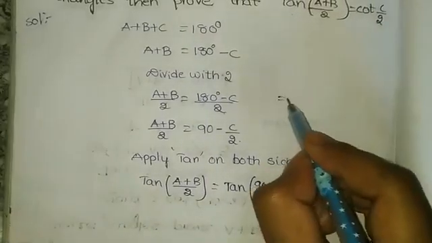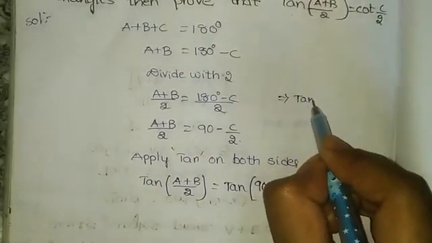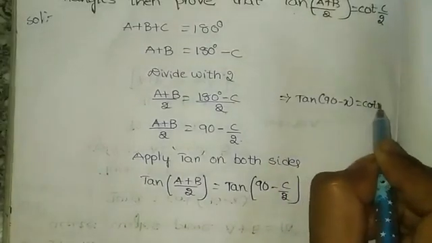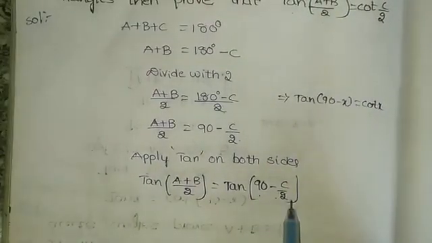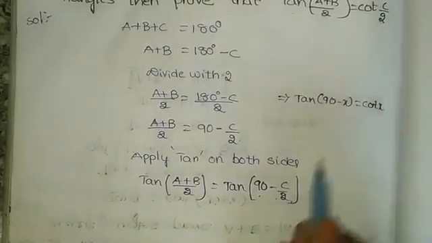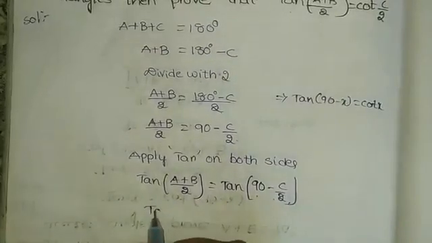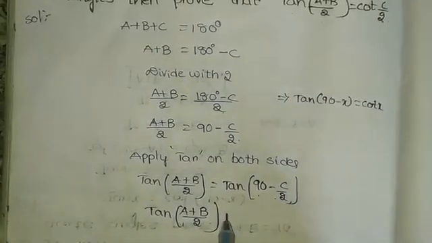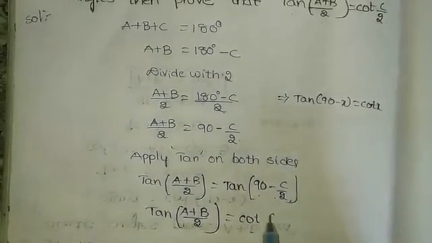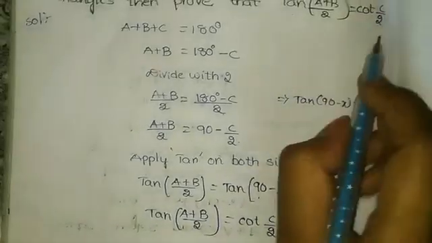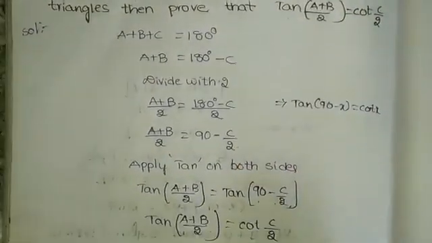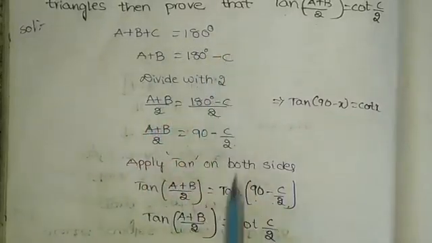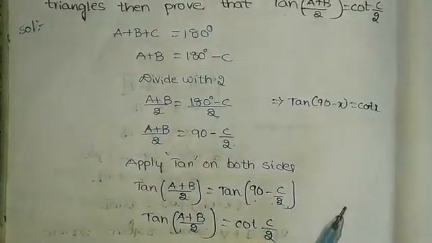Here we can clearly see that tan 90 minus x is equal to cot x. So here we have 90 minus x, it is cot x. So cot C by 2. Tan of (A plus B) by 2 is equal to cot C by 2. This is the thing which we have to prove. So first of all we have to take A plus B plus C is equal to 180, and we have to apply tan to solve this problem.